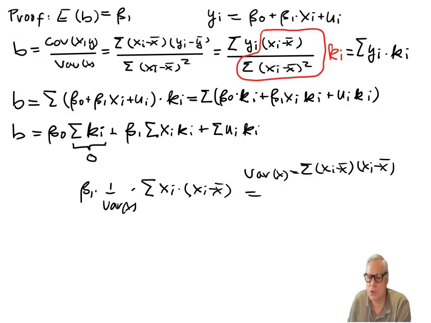So I can write this as the sum of xi times xi minus x bar plus, the second term, x bar times xi minus x bar.